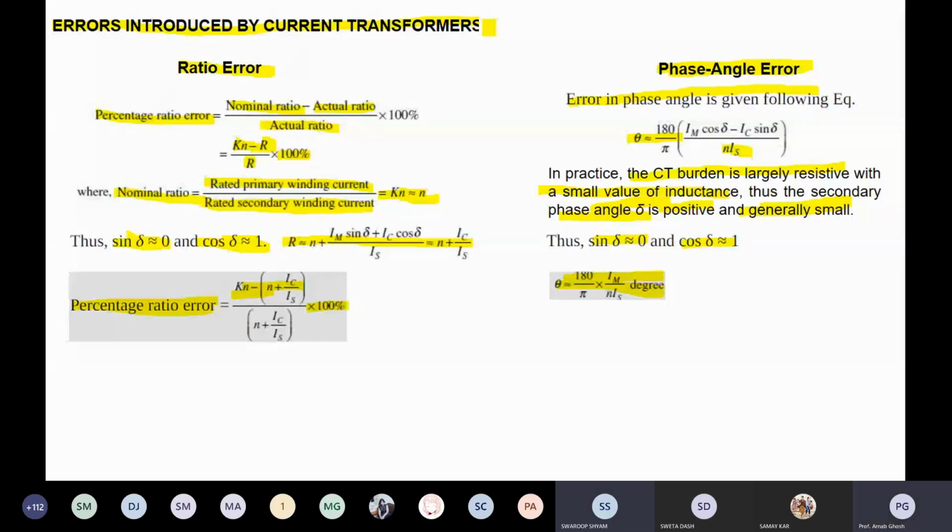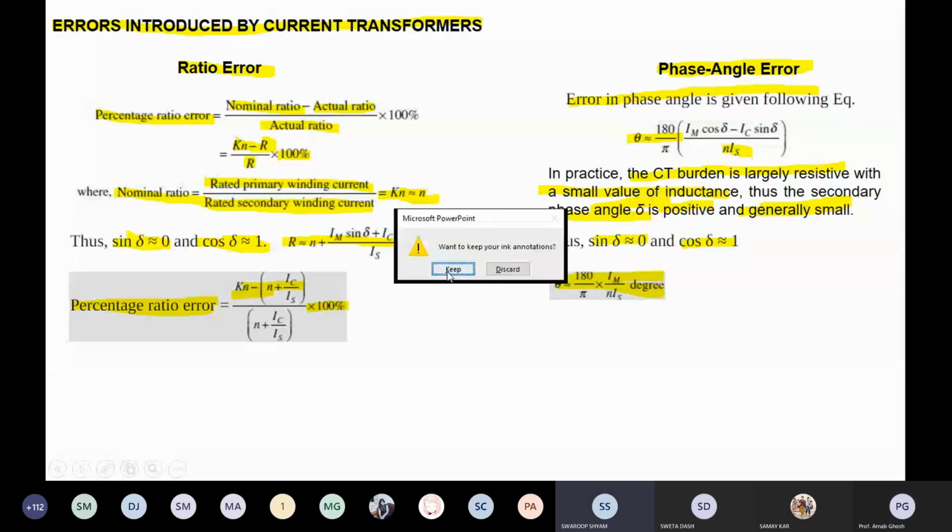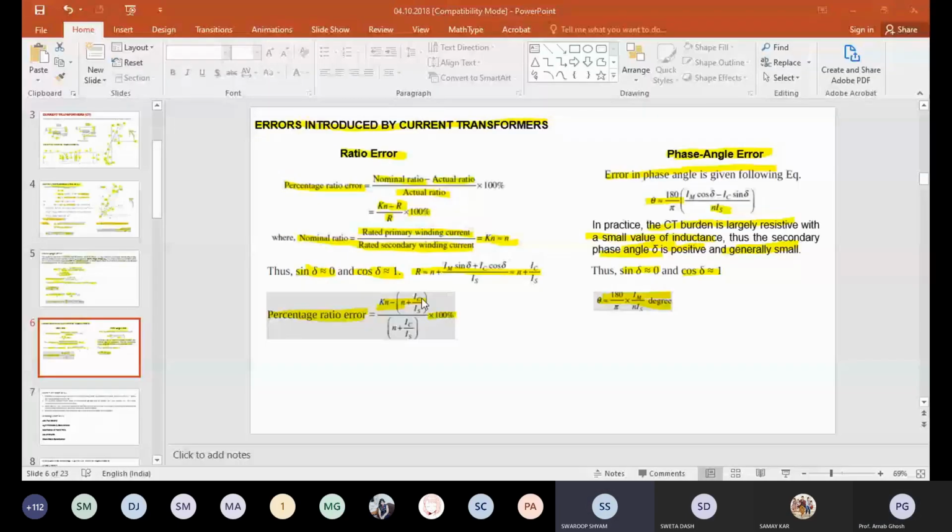Sir, there is a slide and two questions on localization of cable faults from the previous module, the Murray loop test and Varley loop test. In that slide, you gave two questions. We want the solution of those questions. Okay. I think you are asking for this problem.